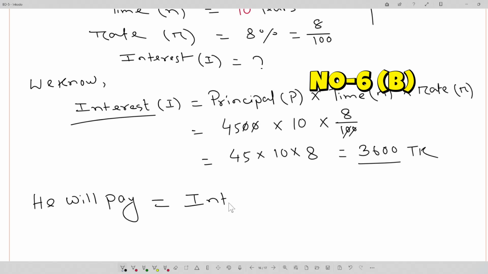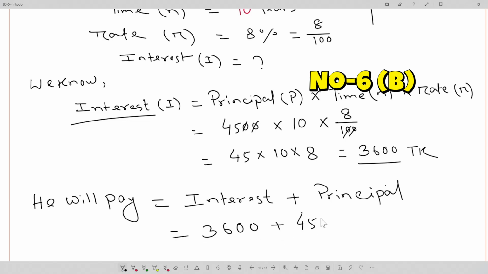interest plus principal. Right? So what will be the amount? Here is 3,600 plus principal was 4,500 taka, right?